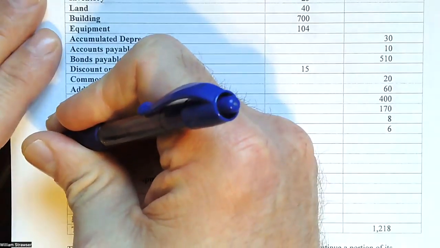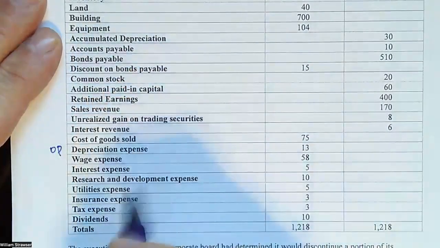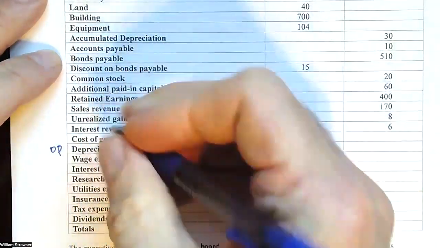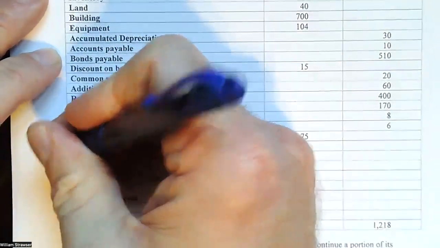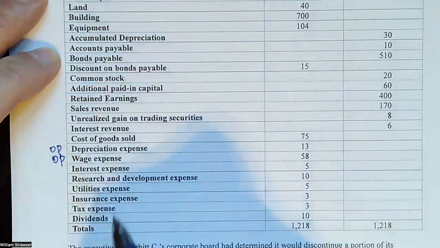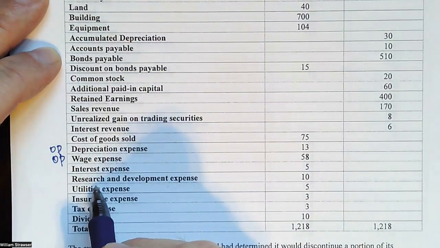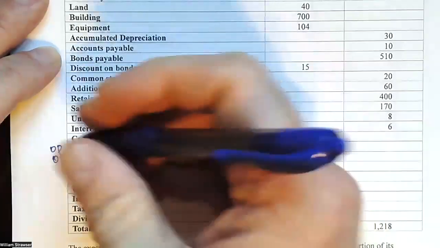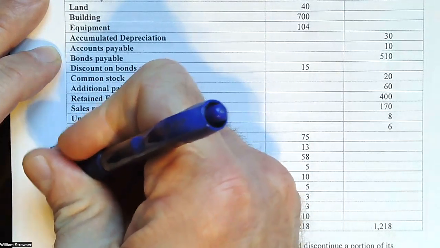Depreciation expense is an operating expense because we use machinery, equipment, buildings in our everyday operations. That is their expense. Wages, obviously, we're not running our company without employees. Research and development is an operating expense, especially for, say, a tech, pharma, anything in the scientific pursuits that is trying to put out some new innovative product.